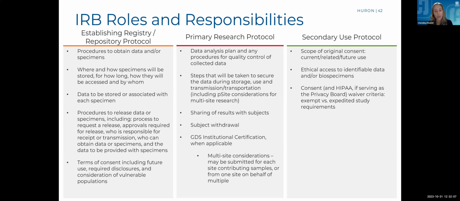A secondary use protocol involving identifiable data may qualify for exemption from Common Rule regulatory requirements. But if the IRB is also serving as a covered entity's privacy board, HIPAA waiver requirements will need to be reviewed and met. For secondary use involving research on identifiable biospecimens, exemption will not apply, and additional consent waiver requirements will be reviewed against impracticability standards.